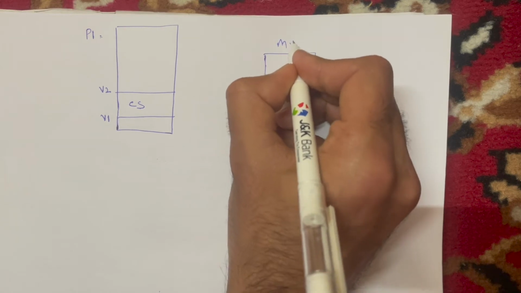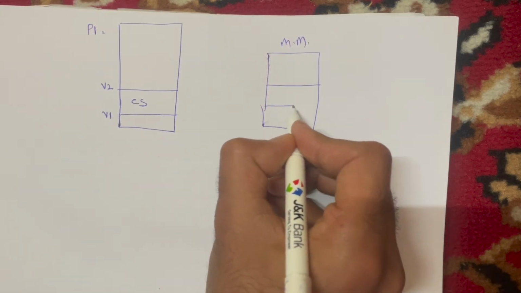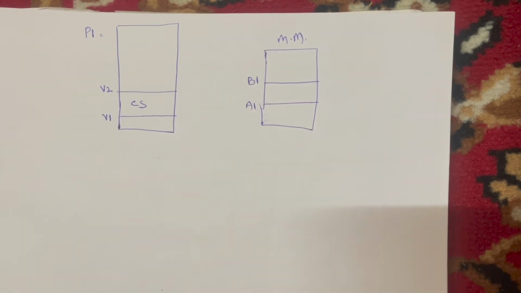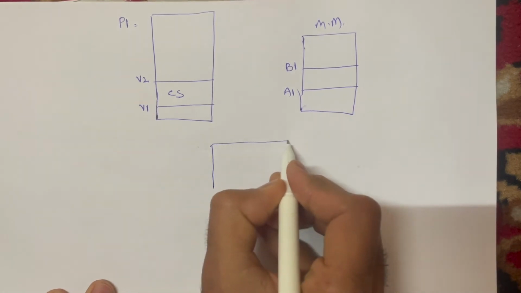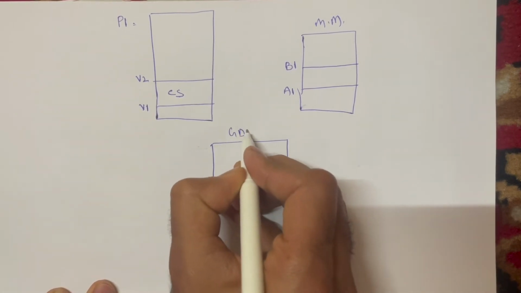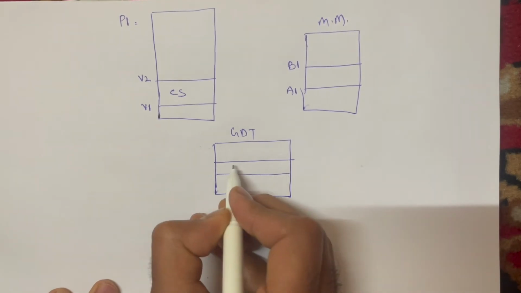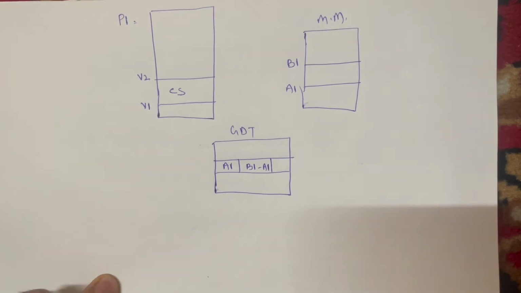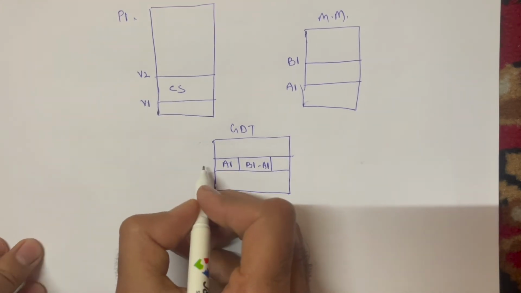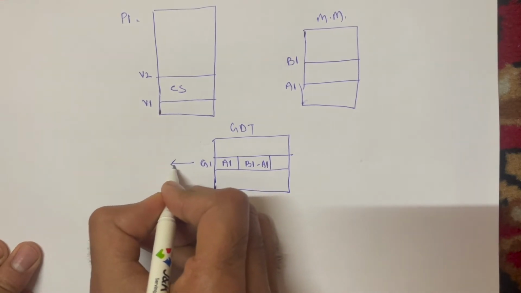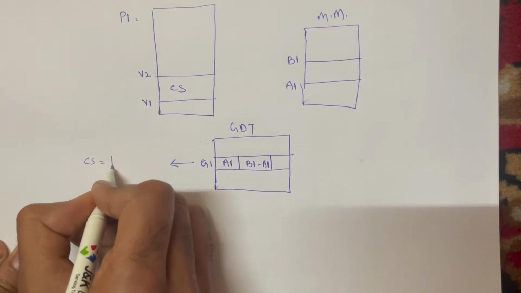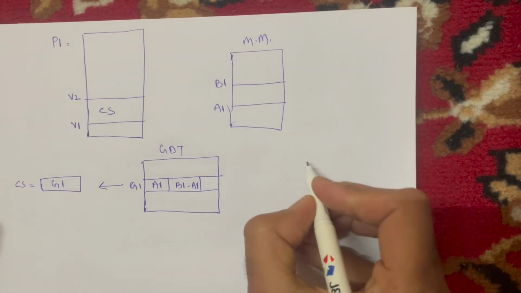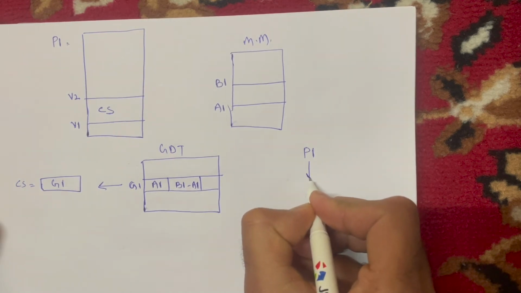Let's say in main memory this particular segment is mapped here, A1 to B1, and this mapping, this base and limit, we will have stored in the GDT. So base will be A1 and limit will be B1 minus A1. And this particular entry I will have stored in the code segment register, this G1.